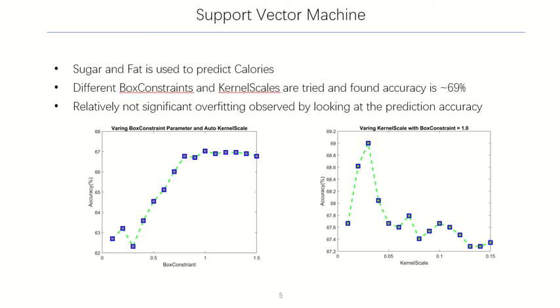For example, if I vary the box constraints just with the auto kernel scale, I found that the peak accuracy is reached by using the box constraint of just 1.0, and then I varied the kernel scale with this box constraint, and I found the peak is approximately 69%.